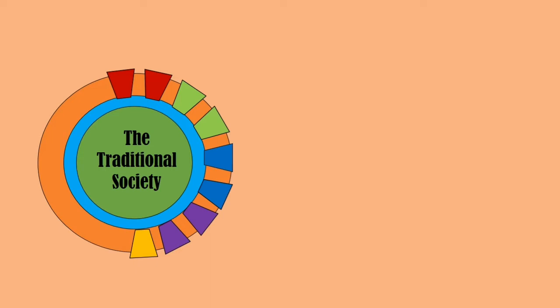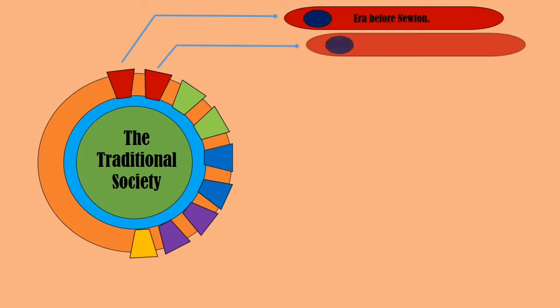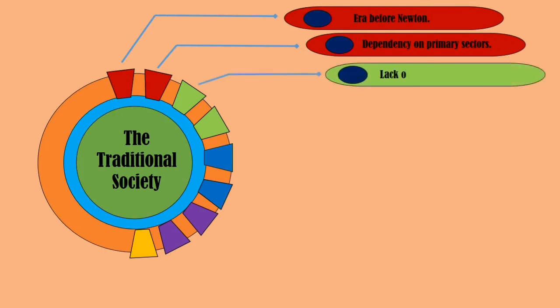The traditional society was the era before the time of Newton, where there was dependency on the primary sectors of the economy. Almost 70% to 80% of the population depended on agriculture. There was a lack of innovations, and as a result, a lack of acceptance of innovations and changes.